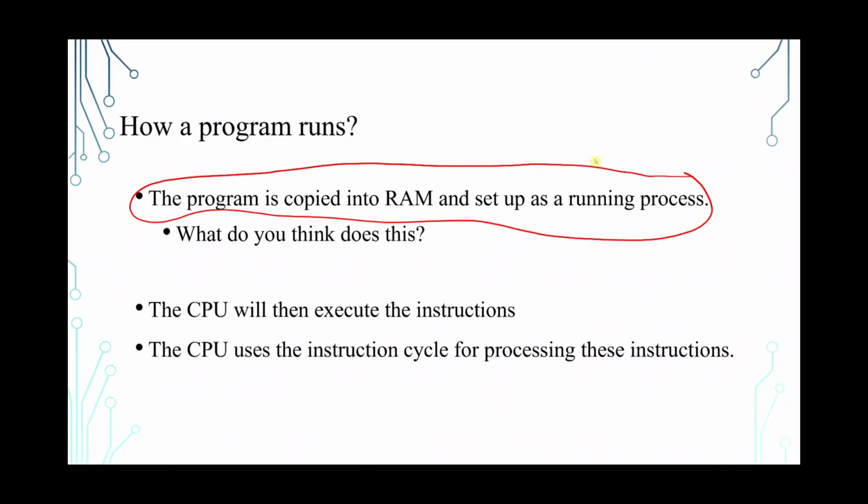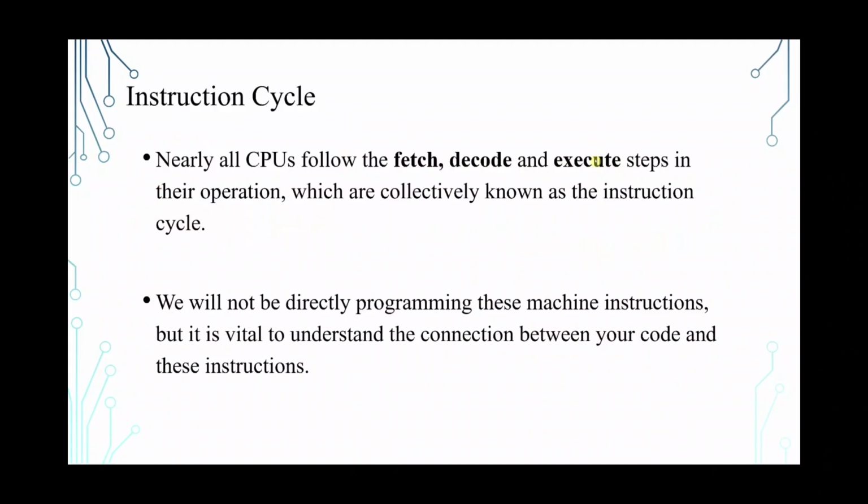Okay, so the CPU will then execute the instructions. The CPU uses the instruction cycle for processing these instructions. And this is the cycle we are going to talk about today: the instruction cycle, which we call the fetch, decode, and execute cycle.